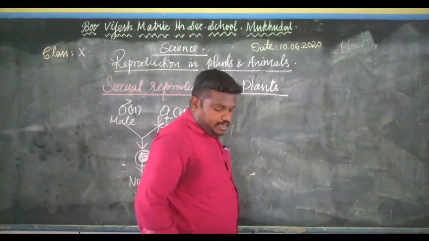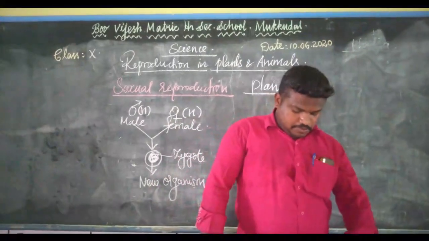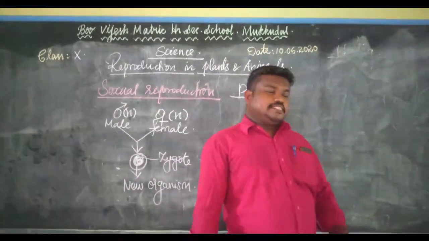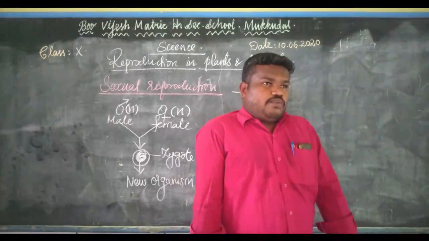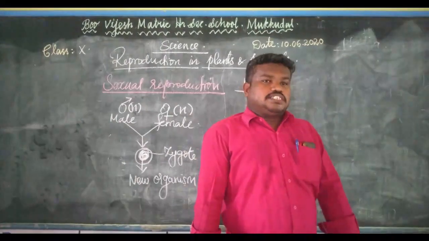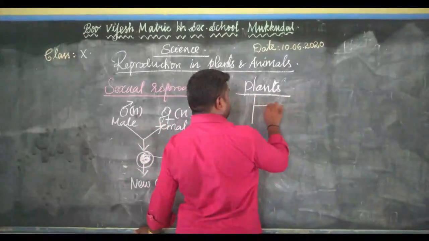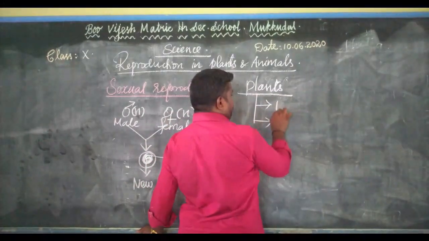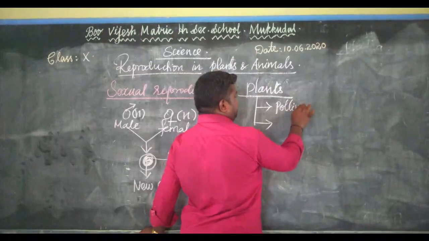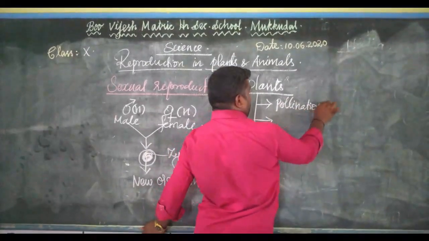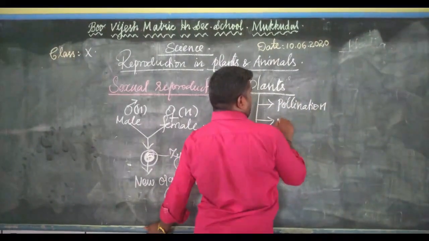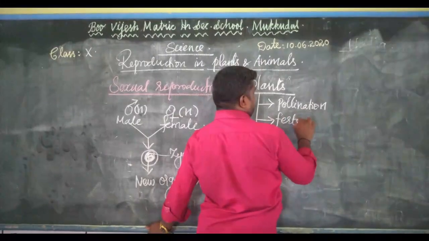Next, sexual reproduction in plants. The plants reproduce their young ones by two processes. One is pollination, and the second one is fertilization.